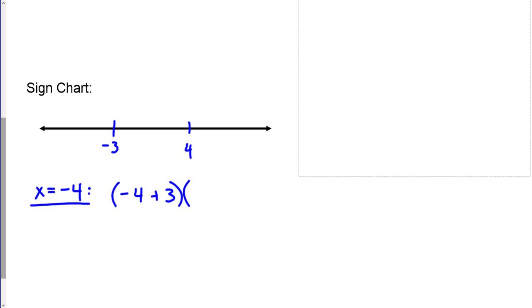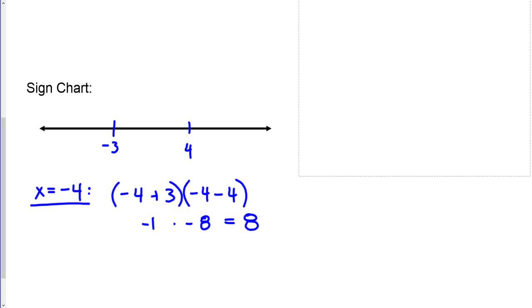The next factor is negative 4 minus 4, because that factor was x minus 4, and I've just plugged in x. Negative 4 plus 3 is negative 1. Negative 4 minus 4 is negative 8. So I have a negative number times a negative number. When you multiply a negative times a negative, the result is positive. This number in particular is positive 8.